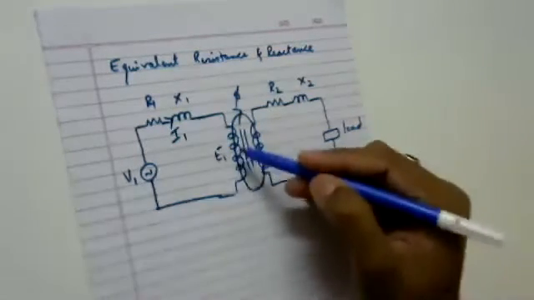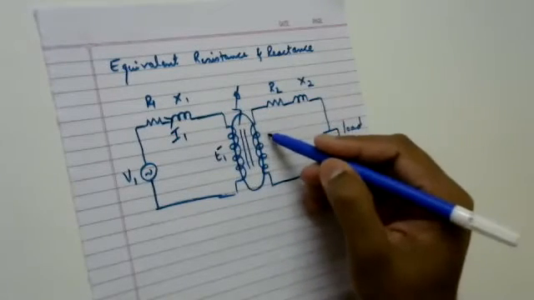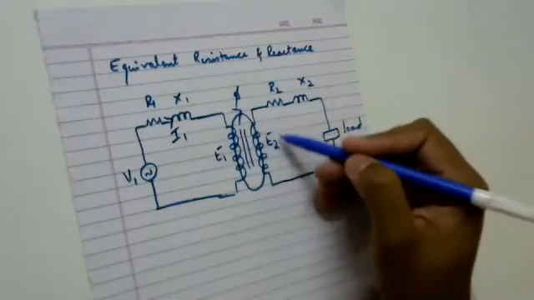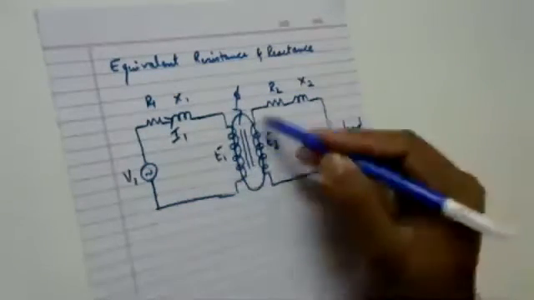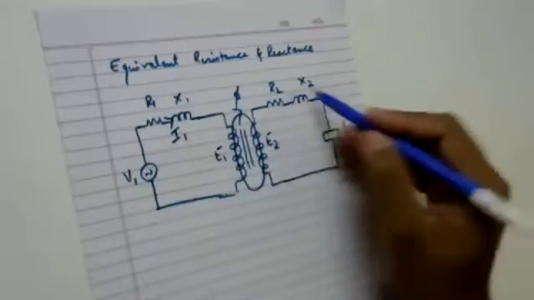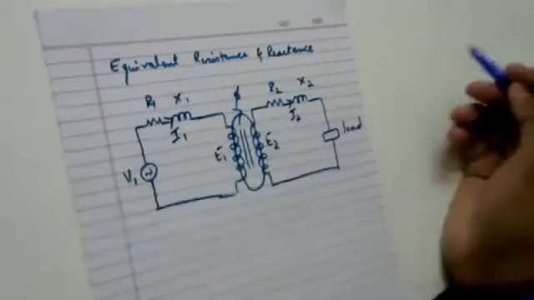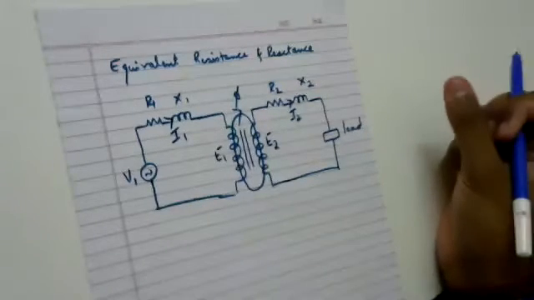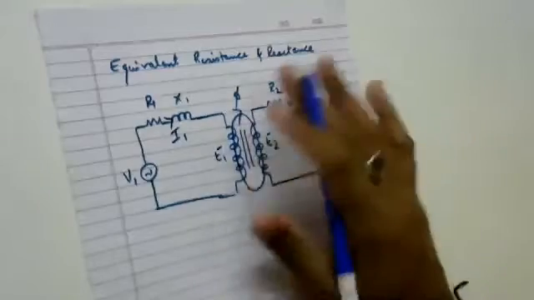Part of this flux links with the secondary, and at that time it produces one more EMF, called the mutually induced EMF. Because of this EMF, there will be some current in the circuit because it's a closed loop. We call that the secondary current, or the current I2. So this is how my circuit is.